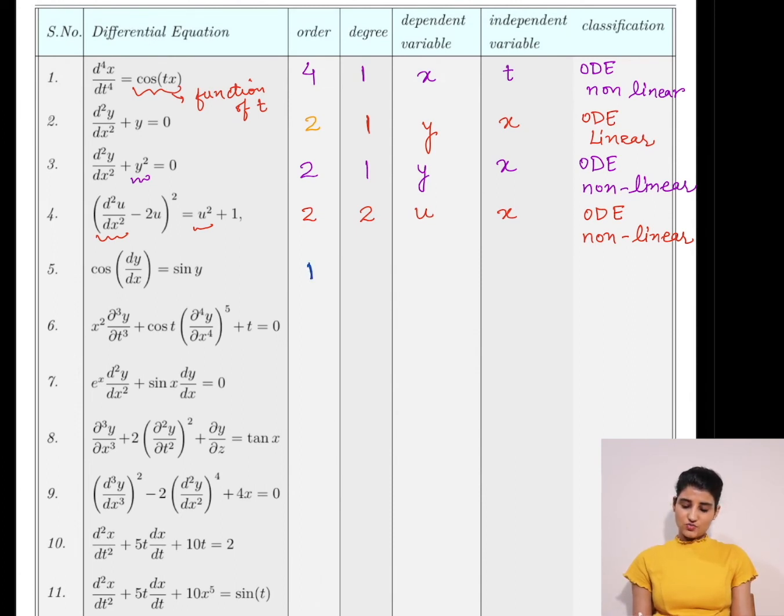Its power is 1, so degree is 1. The dependent variable is y. The independent variable is x. Since only one independent variable, this is ODE, and since it has a function of dependent variable, this is non-linear.